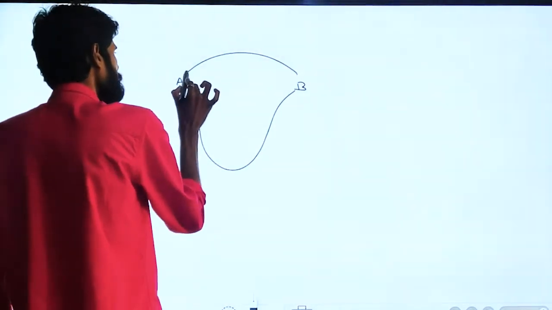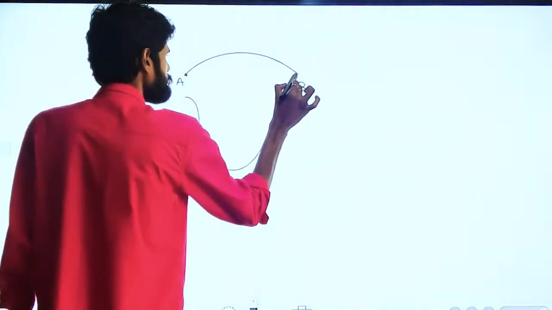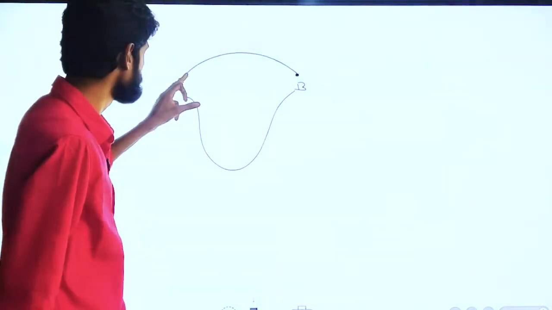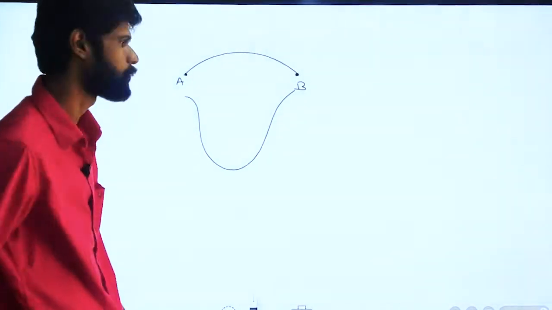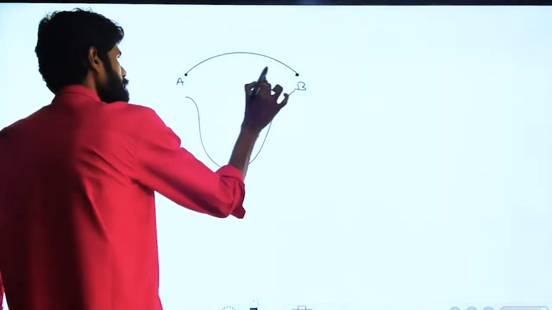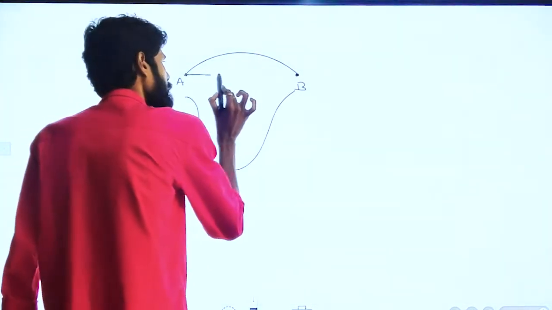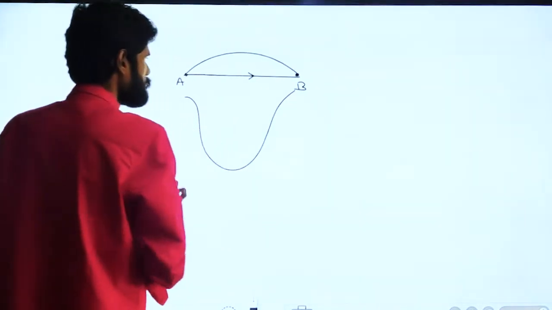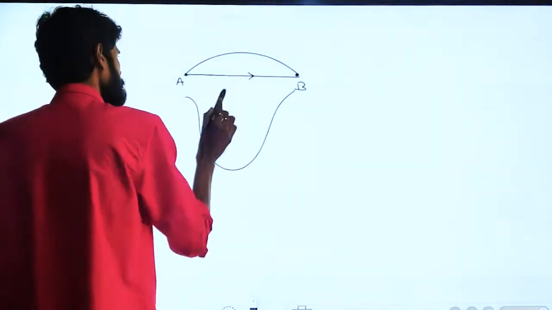This is the initial position, this is the final position. Displacement is the directional distance, or the shortest distance between these two positions. So you consider a straight line from A to B.